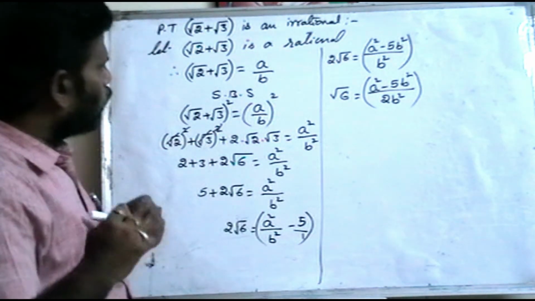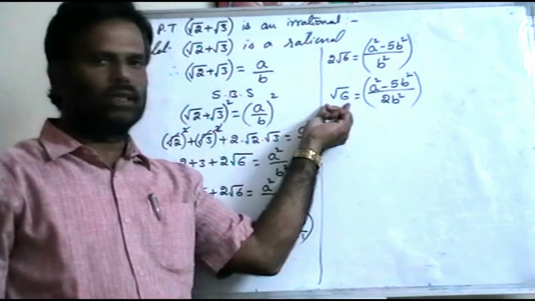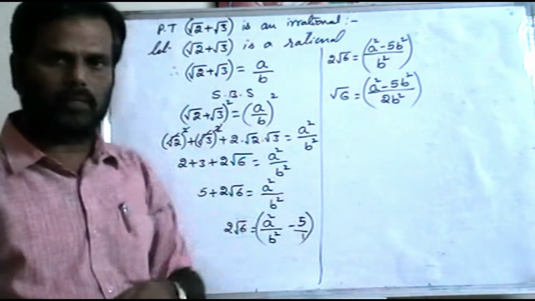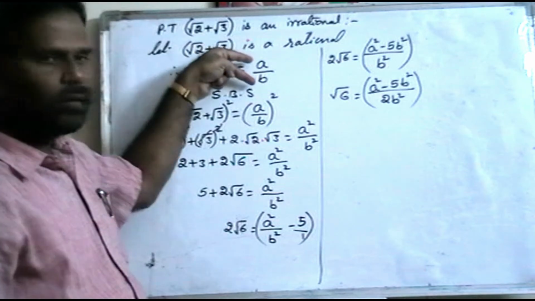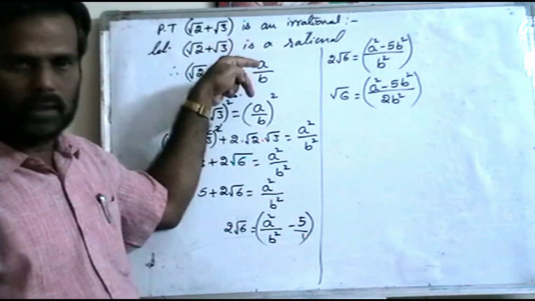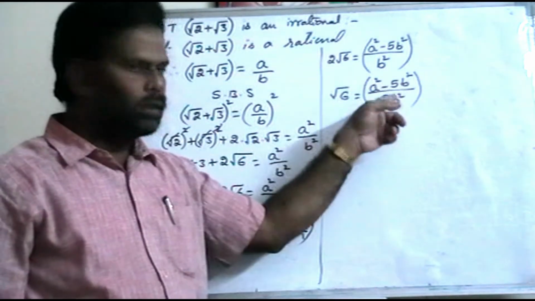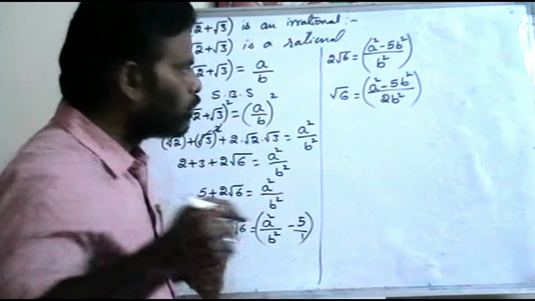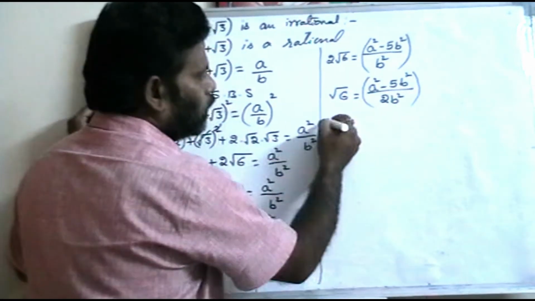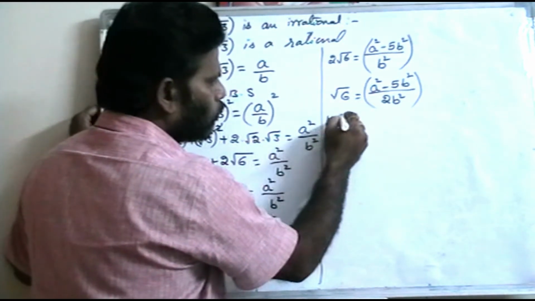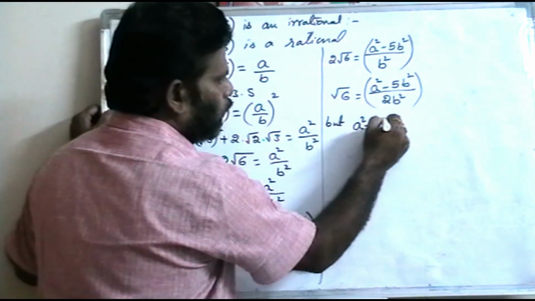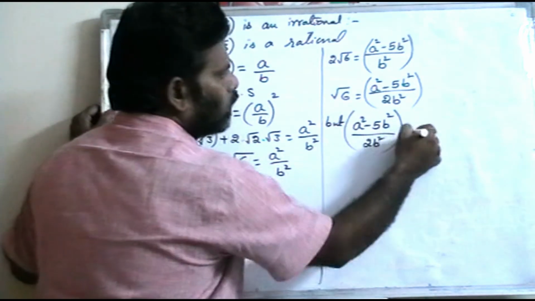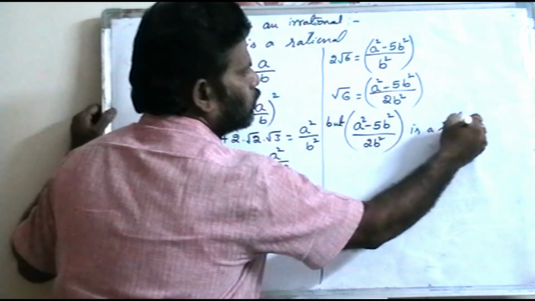Finally, we get root 6 is equal to A square minus 5B square by 2B square, where A and B are integers. If A and B are integers, then A square minus 5B square by 2B square is a rational number. But A square minus 5B square by 2B square is a rational.